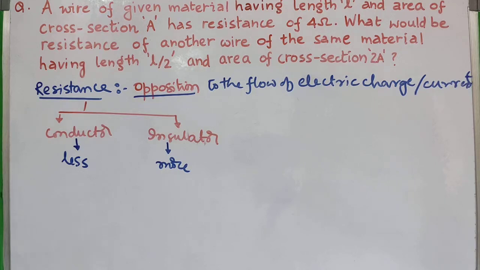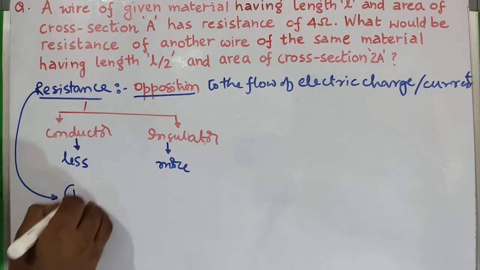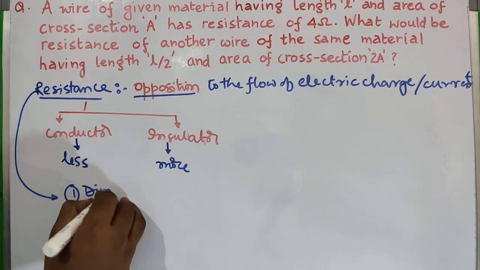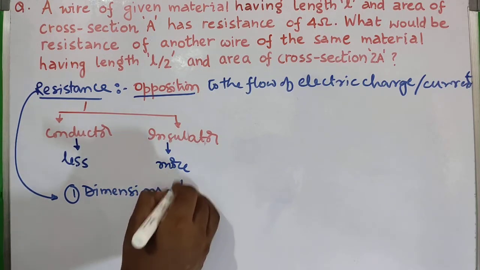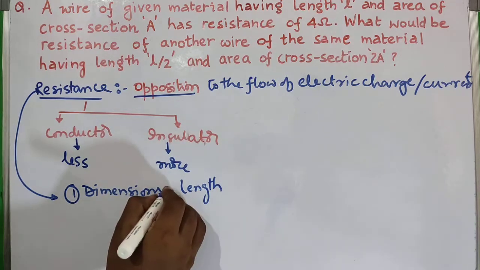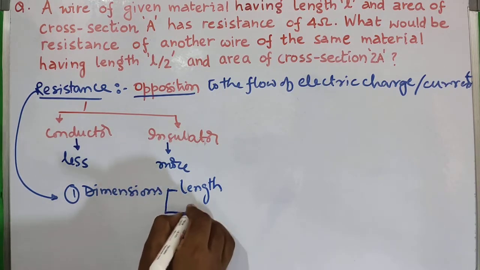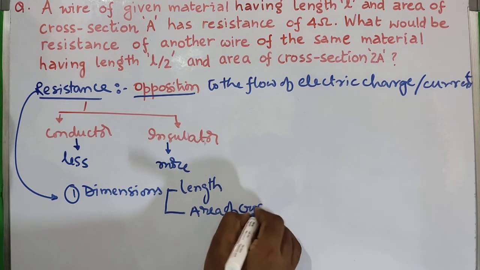So on what factors does this resistance depend? This resistance depends upon the following factors. Number one, the dimensions. What are the dimensions? The length and the area of cross section.